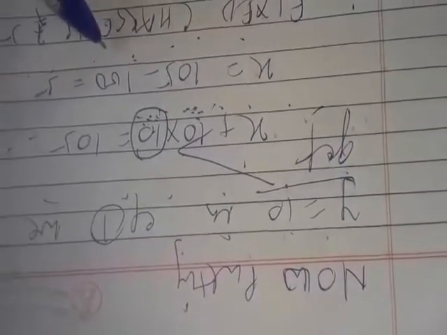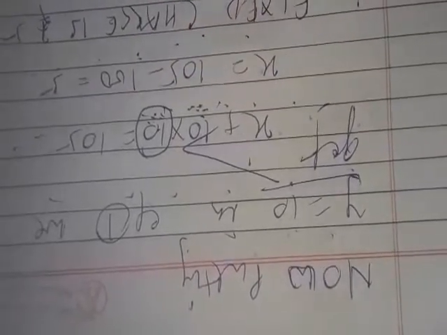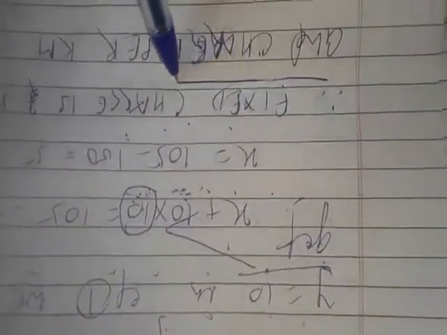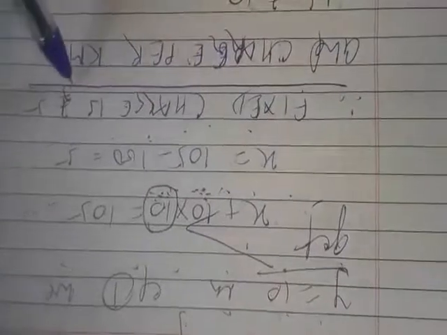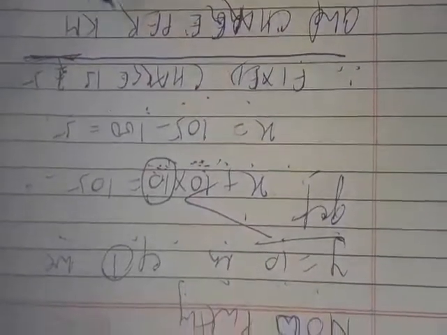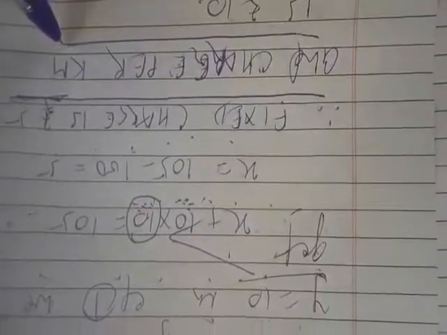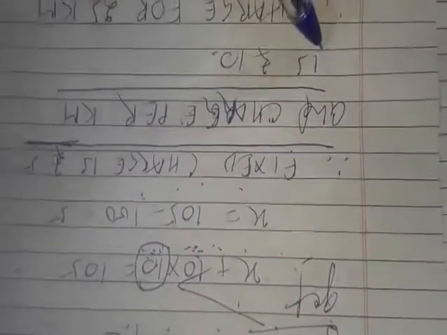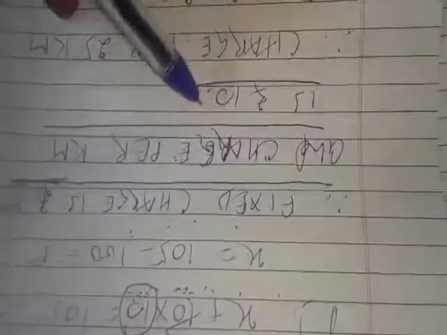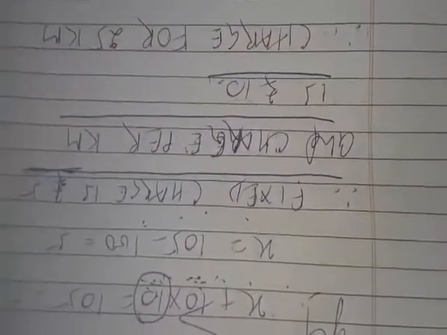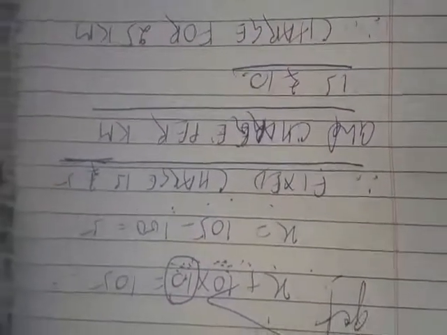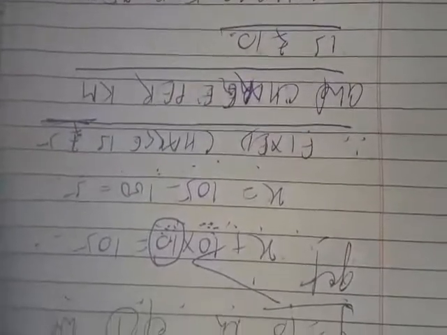Now what do we obtain? We obtain that the fixed charge, which was rupees X, is rupees 5, and the charge per kilometer, which was Y, is rupees 10. Now there was one more part of the question, to find the charge for covering the distance of 25 kilometers.